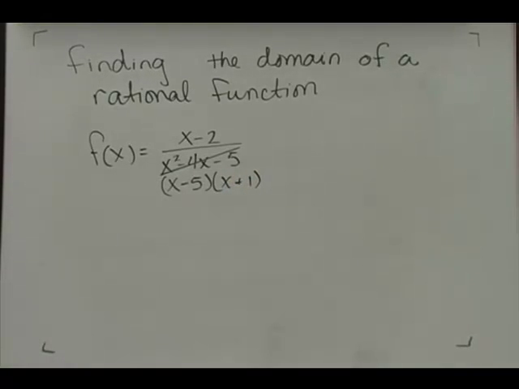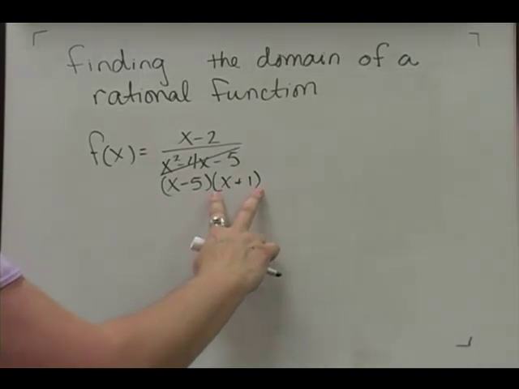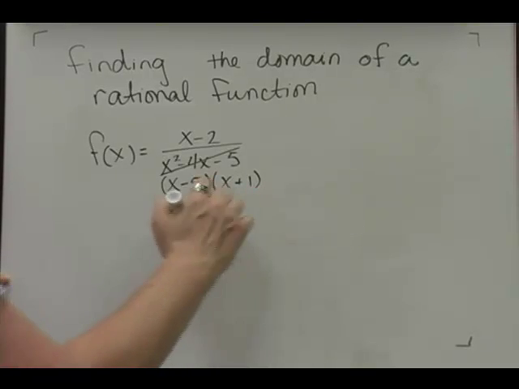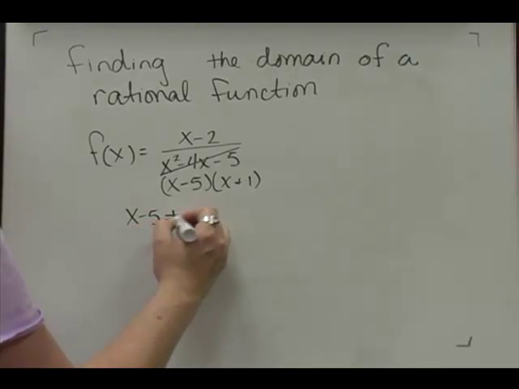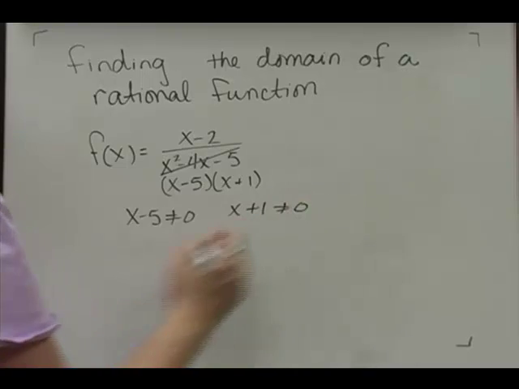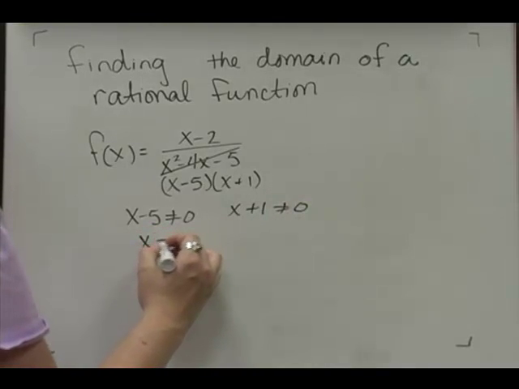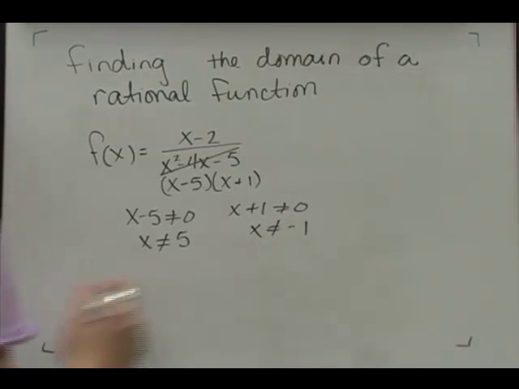Now, looking at this, I know that this factor of the denominator cannot be 0, and I know that this factor of the denominator cannot be 0. These will give me my restrictions. x minus 5 cannot be 0, and x plus 1 cannot be 0. So x cannot be 5, and x cannot be negative 1. These are my restrictions.